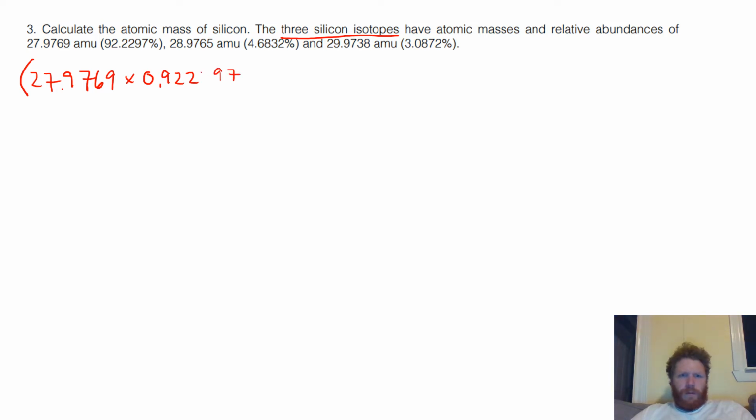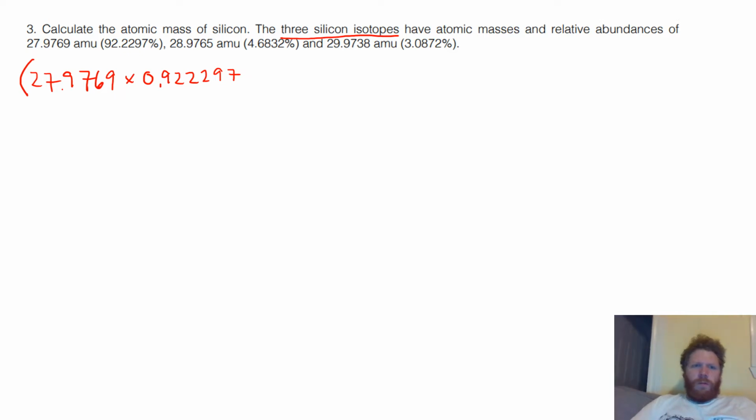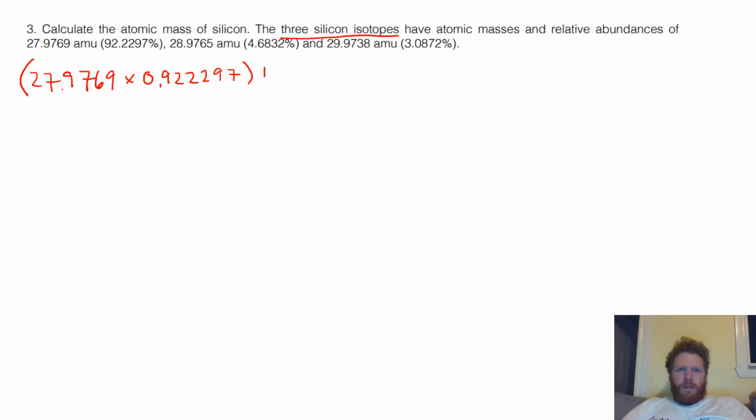So 0.92297. I'm sorry, that 2 disappeared, 0.922297, plus 28.9765 times 0.046832, plus our final isotope.